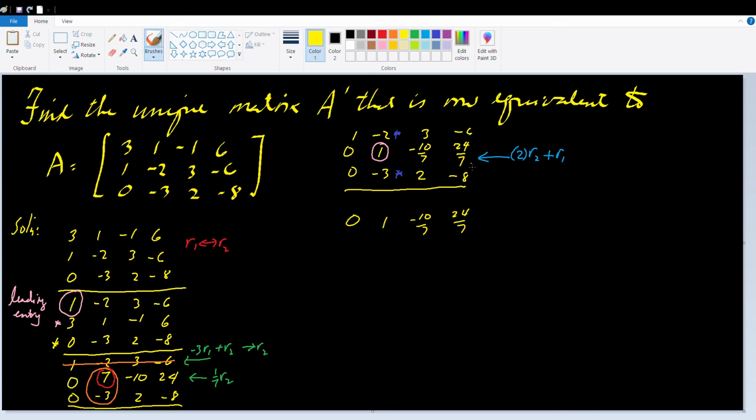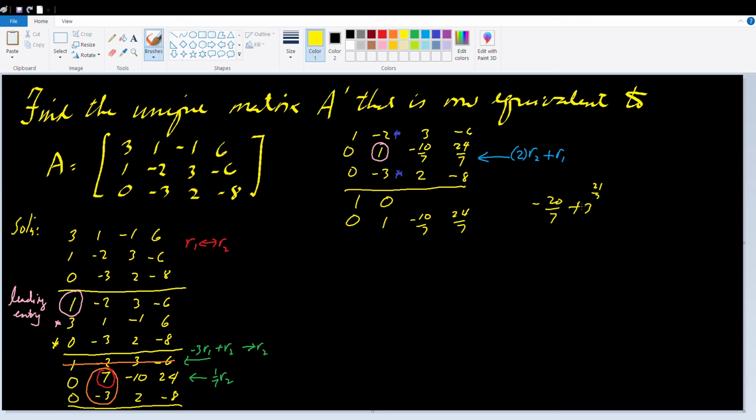So 0 times 2 is 0 plus 1 is 1. You can see that the leading entry of the first row is unchanged. Then 1 times 2 is 2 minus 2 is 0. Negative 10 over 7 times 2 is negative 20 over 7, plus 3, that will be 21 over 7.